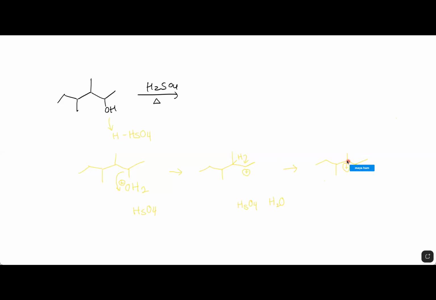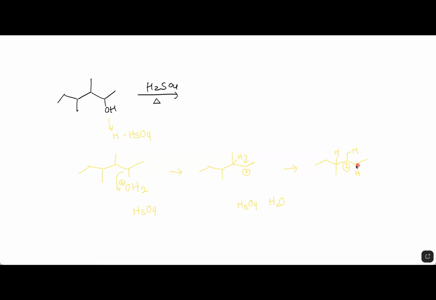Now, locate your beta hydrogens. Draw out your beta hydrogens on all the beta carbons. That's one of them, that's the other one, and here's the other one. Now, which beta hydrogen is the most substituted? This beta hydrogen here, how many other carbons is that carbon attached to?